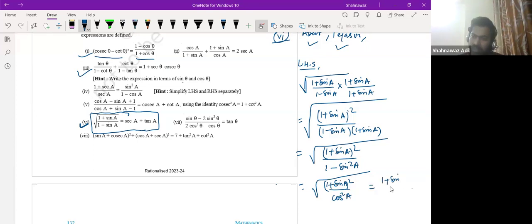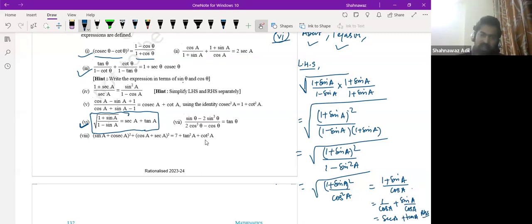This is 1 plus sine A, and this is cos A. Now, as I told you in the previous classes, we have to separate these terms and write them separately. So this is sec A plus tan A, which is your RHS, right?